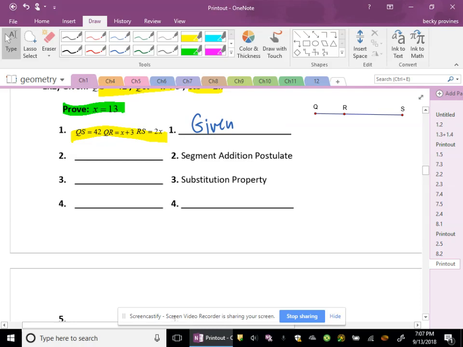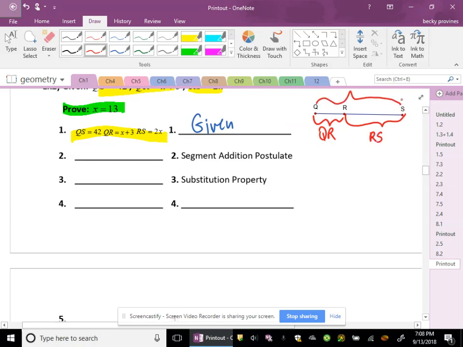Now the next one says segment addition postulate. Okay, well, hopefully from chapter 1 you remember that. That's little segment plus little segment equals big segment. So let's look at the picture. Can we name this little segment? Sure, that is QR. Can you name the next little segment? Sure, that's RS.